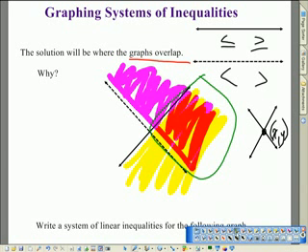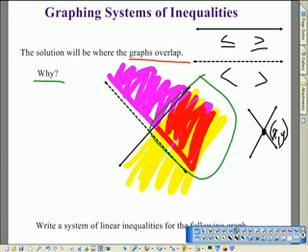So when you're doing your homework or the test, make sure that I know when I'm looking at it that you did it right. You want to make sure you somehow identify this is my overlapped region. Don't make me guess. I won't guess in your favor. All right, so that's the major difference. Why is it an overlap?